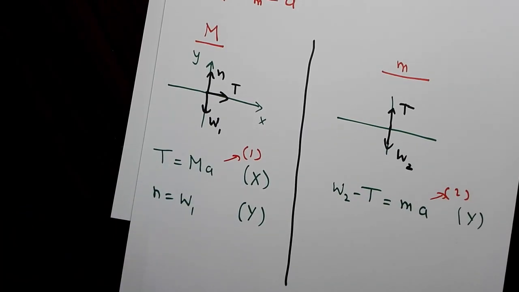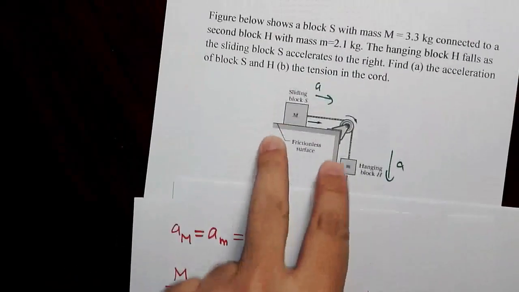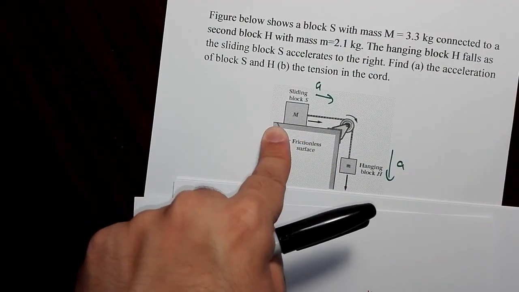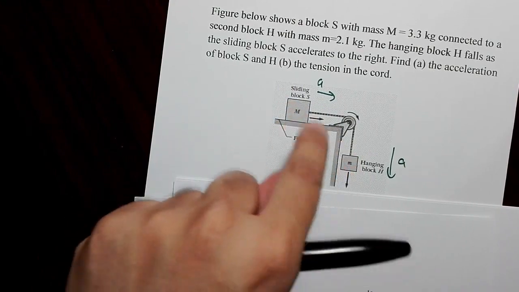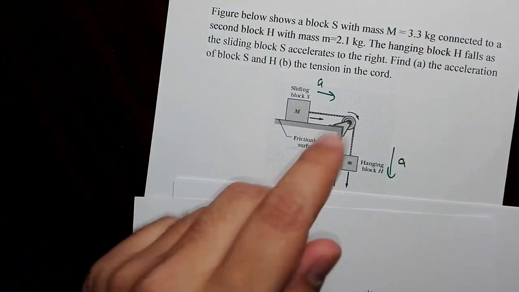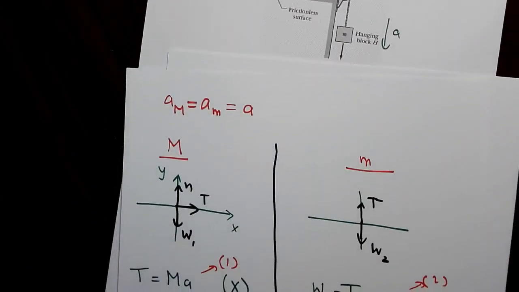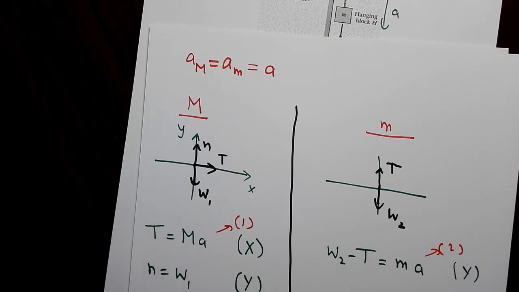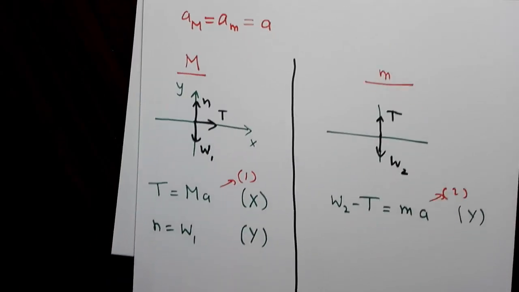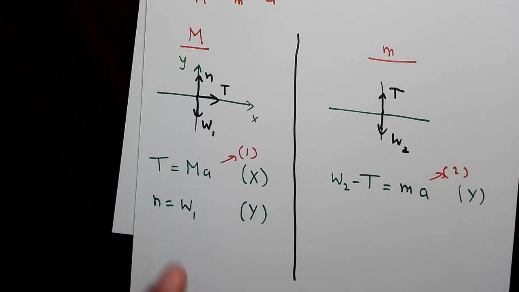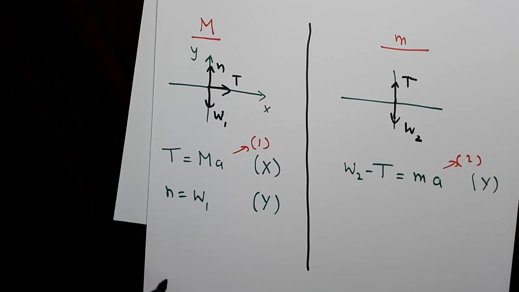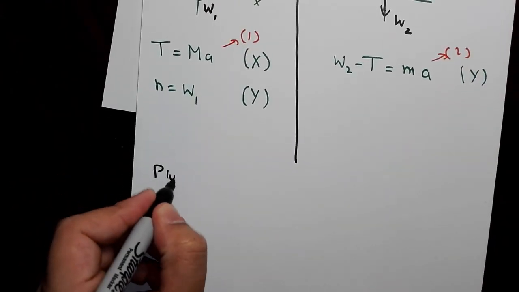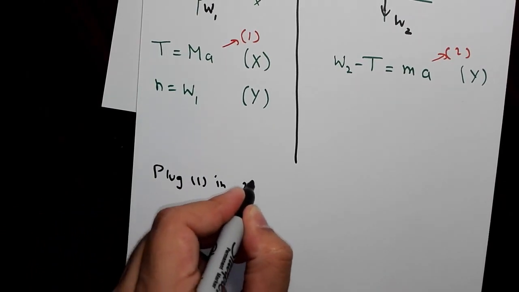We need our answer in terms of the most simple or most obvious variables in the system. We know these masses, and we know the weight, of course. We know the value of g equals 9.8. So we need to get rid of tension, in other words. So you plug 1 in 2.